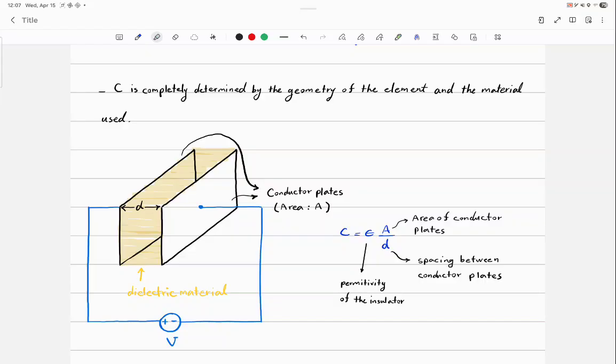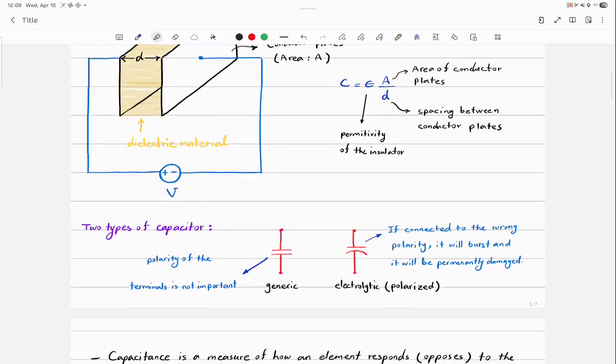But it doesn't hurt to learn what it means. For example, if I double the area of the plates, my capacitance will be doubled. If I double the distance between the plates, my capacitance will be halved, right? So on and so forth.